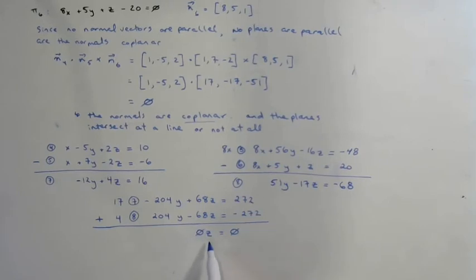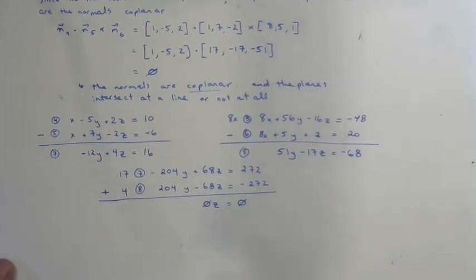So what does z have to be in order to have z times 0 equals 0? Well, z can be anything. So this is true for all values of y and all values of z. And since it's true for all values of y and z, that's going to tell me that these guys meet at a line, and I can determine the equation of that line. Okay?